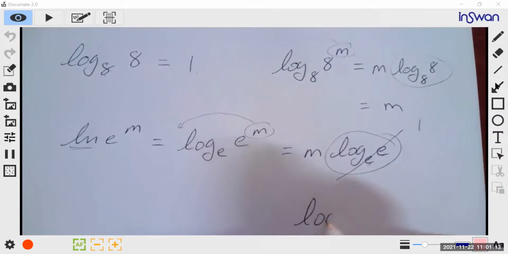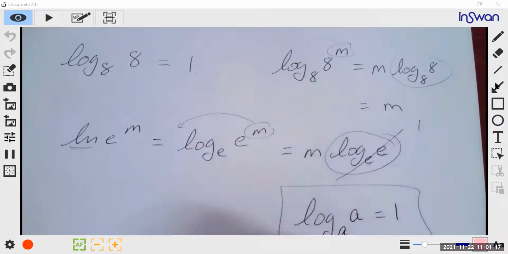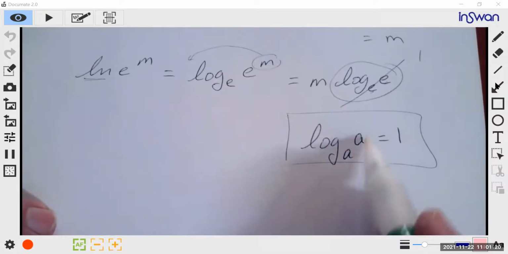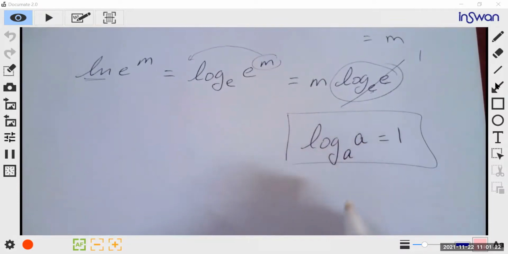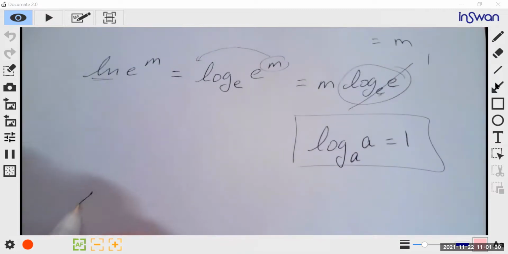The rule is this. If they're the same number, then it equals 1. How about this?